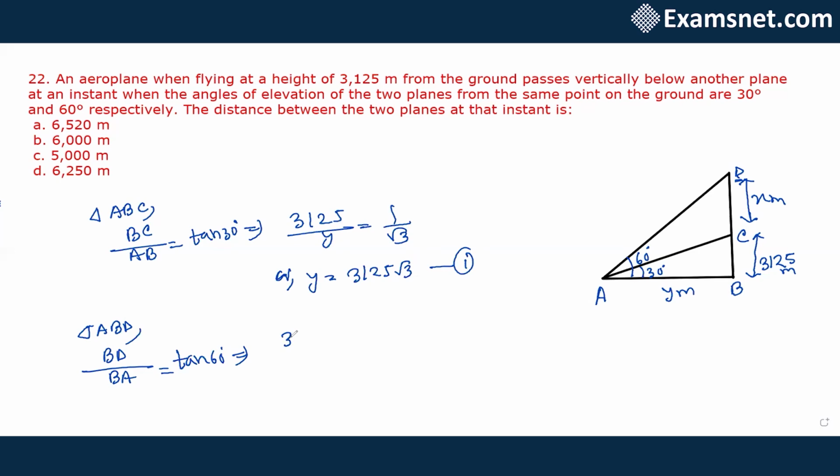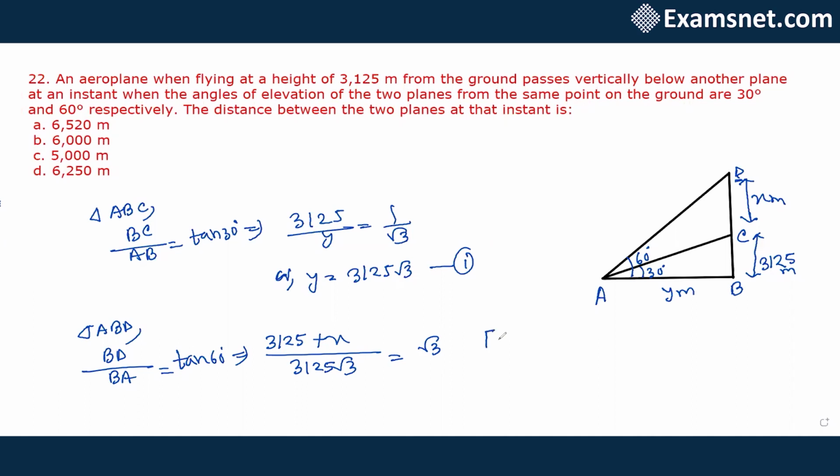So we can write it as (3,125 plus x) by y, which is 3125 root 3, equals tan 60°, that is root 3. So let's find the value of x from this equation.